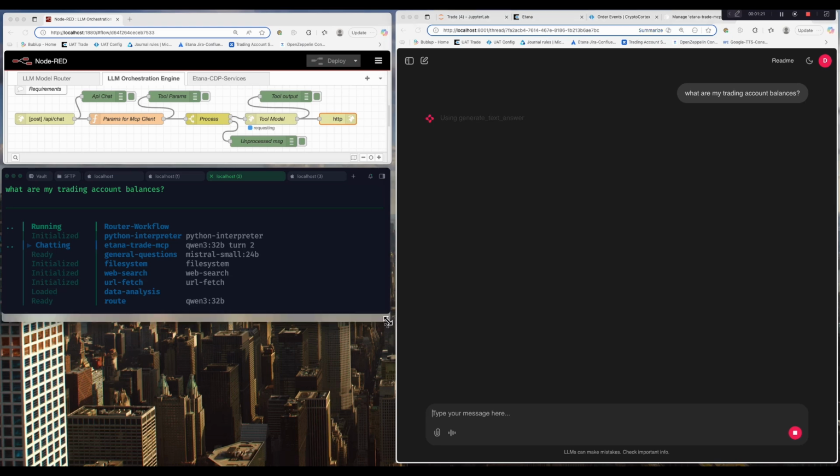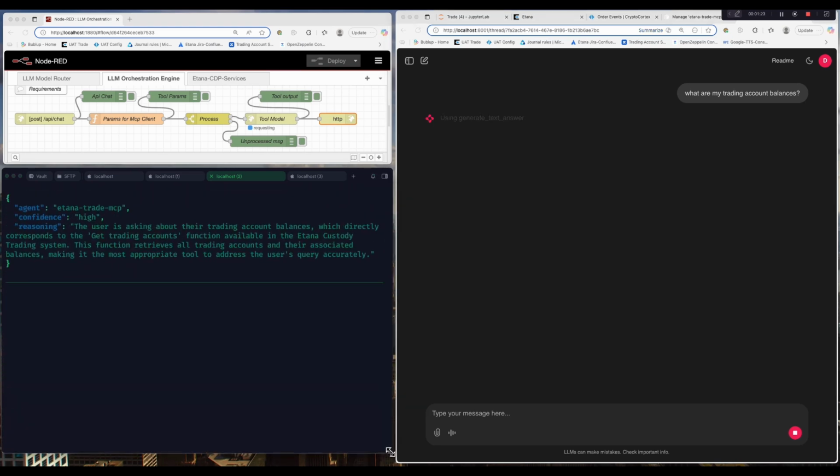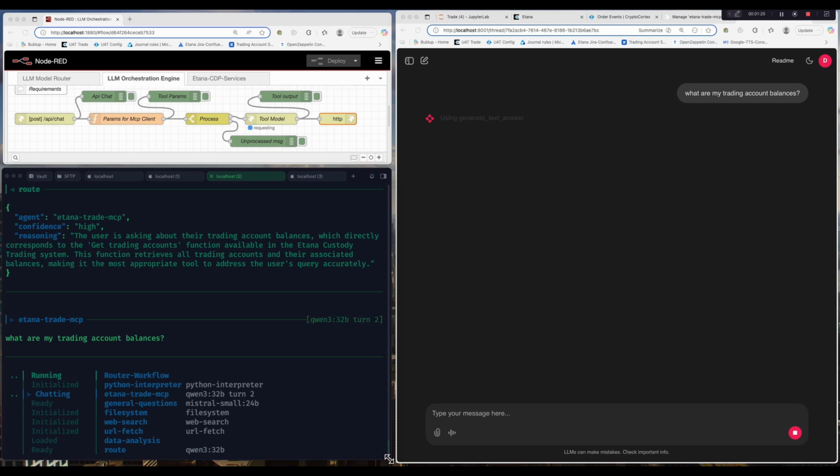And then the window below is the MPC agent dialogue, kind of the printout of the agents talking to one another. Starts off with the route agent finding the best agent to talk to, and then it's selected the Etana Trade MPC, which is a server that knows about handling account balance questions, and it has a high confidence that it can do that.